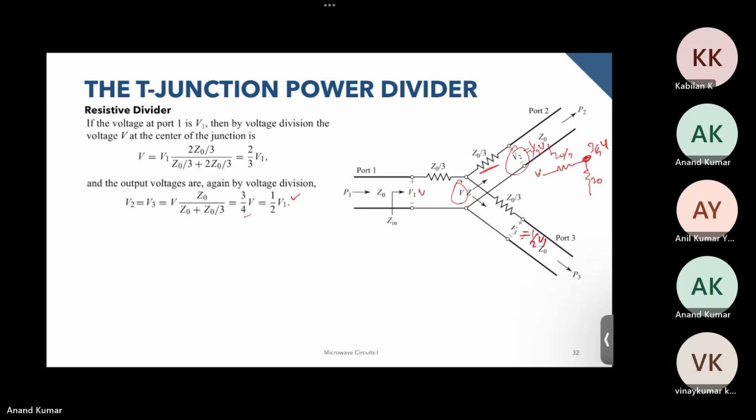So we are sending V1 over here, we are getting half V1 and half V1 over here. So we are dividing this voltage equally, and we have equal impedances all around. So we are distributing the power equally.